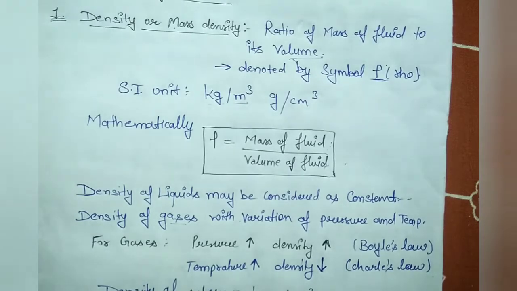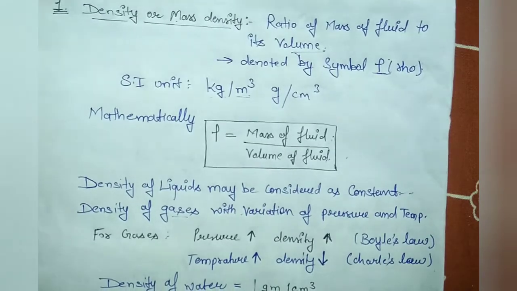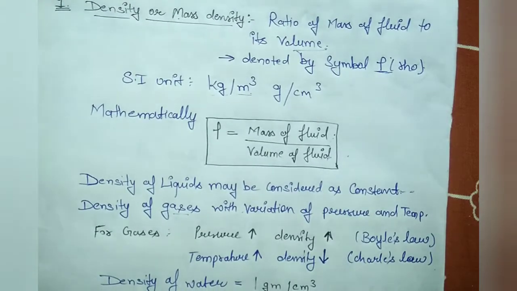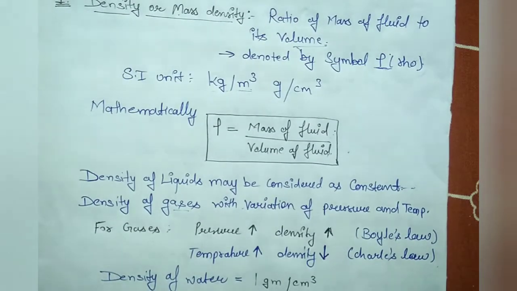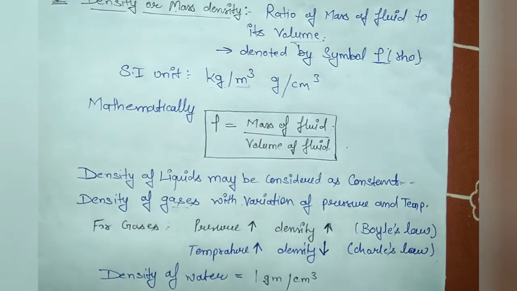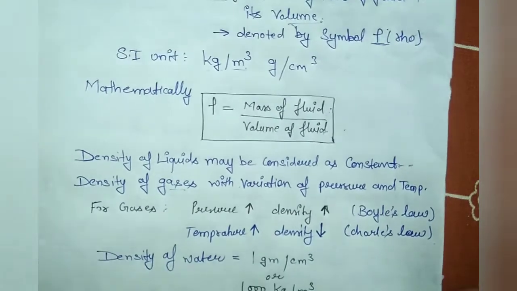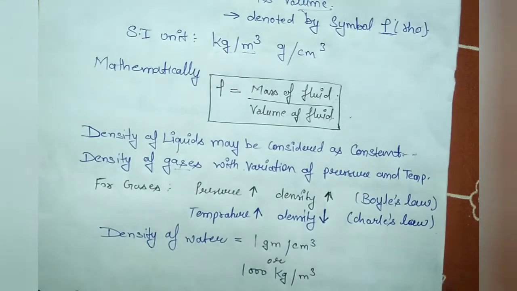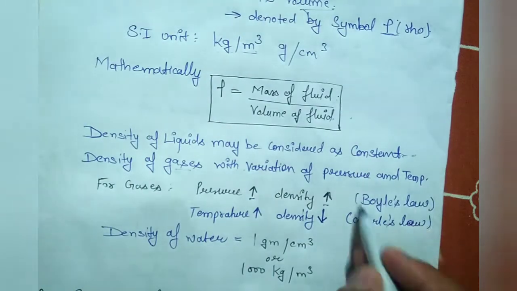The effect of temperature and pressure on the density of liquid is considered to be constant, as it is very much negligible, whereas in the case of gases the variation is very large. For gases, if the pressure increases, then density also increases, as given by Boyle's law.